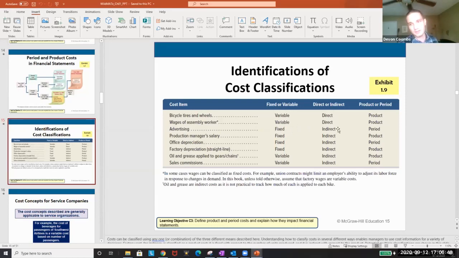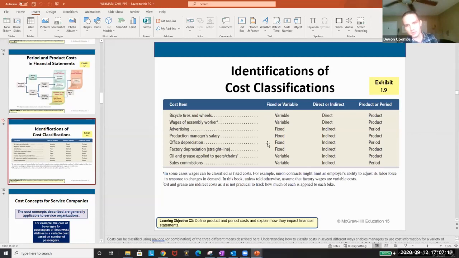It's indirect, and it's a period cost, because advertising doesn't go directly to creating a product. And we're thinking about manufacturing products here, because some people might say, if we're an advertising firm, then we're creating an advertising product. Let's not make those cognitive leaps in this class. Let's just stay with the assumption that we're making bicycles or products.